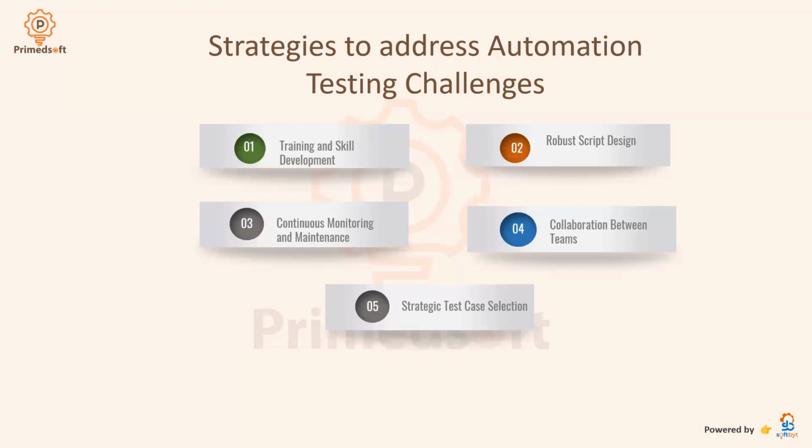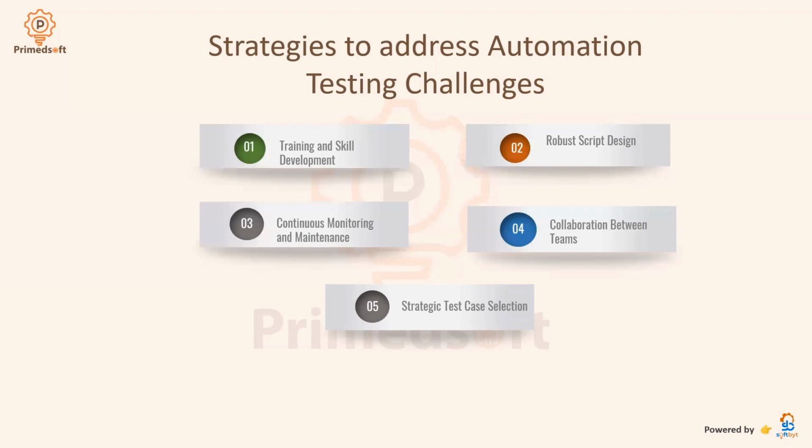Like I said, you look at the business critical ones; those are the ones that you automate. You select carefully, focusing on those that provide the most value and are suitable for automation. Okay, so these are strategies for addressing our automation testing challenges.